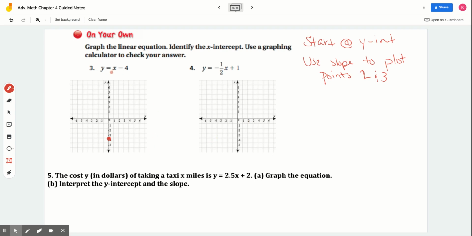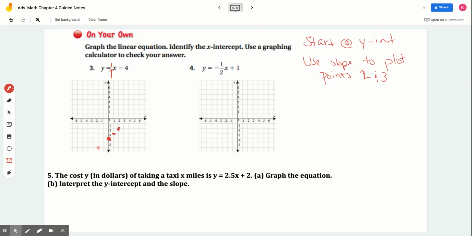Now, if we look at our slope, there's no number in the m spot. There's no coefficient. So when nothing is there, it's called the invisible 1. This is like 1x. So our slope is 1, which tells us as a fraction, we go up 1 and over 1. And we can plot 2 additional points by using that slope.